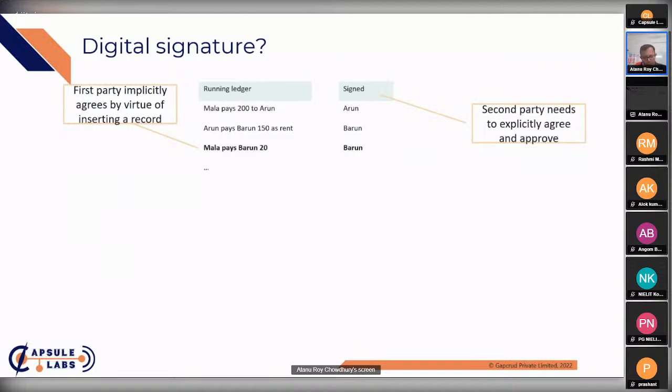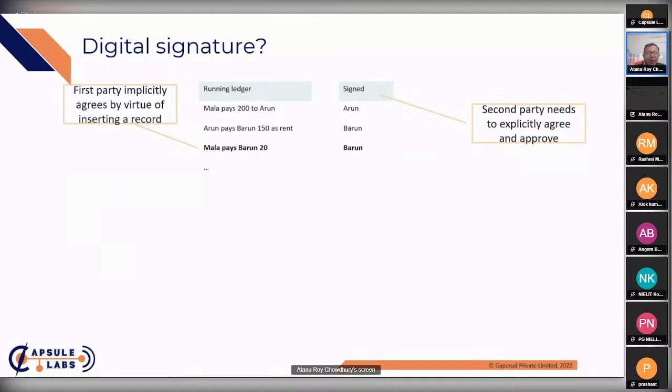Now, we have some additional information over here. The first thing is that Mala is the person who is acting as the bank, and she's the one who's making those entries. So the person who's making the entry is implicitly agreeing to that entry by virtue of making it.